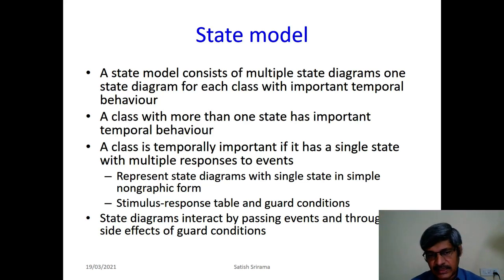Even then, such a class is temporally important. But how do you represent a single state in a state diagram? It will not carry much meaning there. Rather, represent such single-state diagrams in a simple non-graphic form.